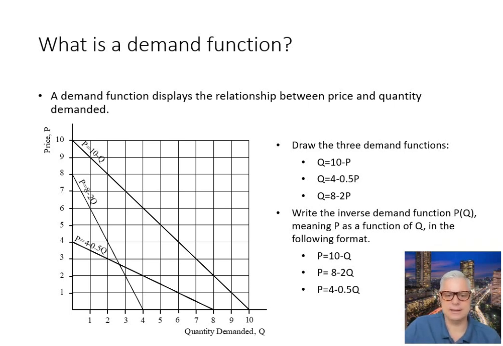But technically, whenever we write a demand function as the price equals some intercept minus the slope times Q, whenever we write it like this, we call that actually an inverse demand function.